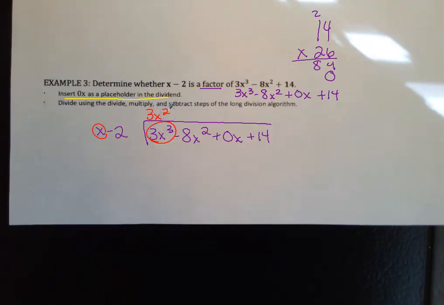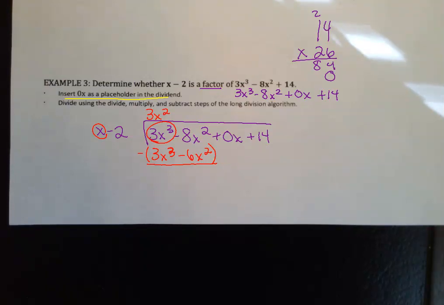Beautiful. So that's going to give us 3x squared. And then what's 3x squared times negative 2? Negative 6x squared. Beautiful. And we're subtracting all of that because we subtract in division. That's how we do long division, is we subtract.